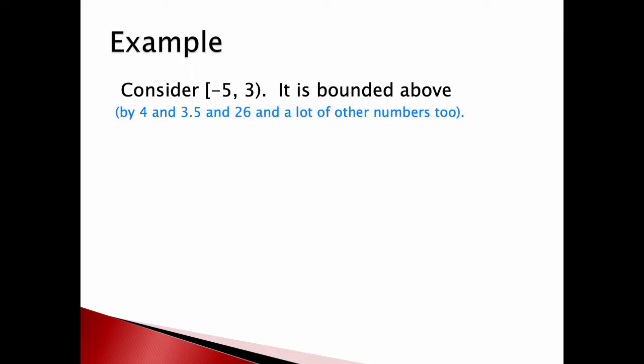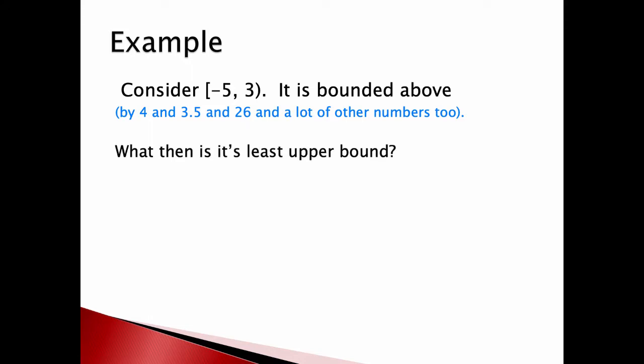Well, like 4 and 3.5, 26, pi. There's lots of numbers that are bigger than all the numbers in that set because all the numbers in this set live between -5, including the -5, and 3. So anything bigger than 3 is an upper bound.